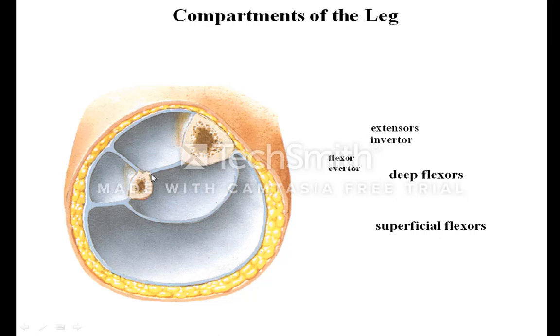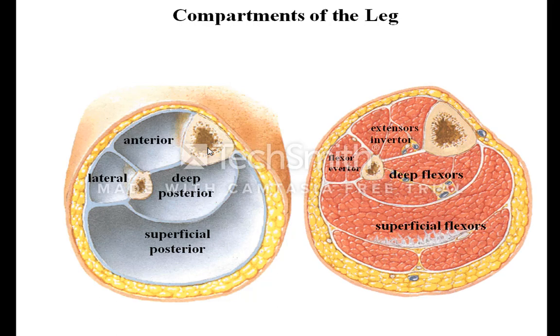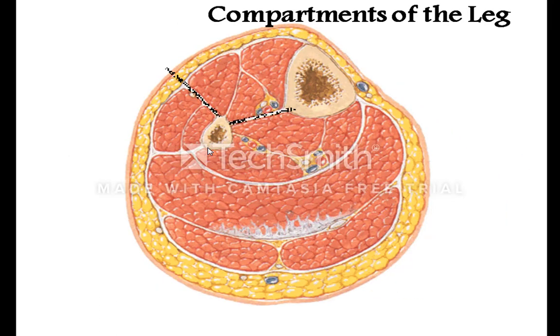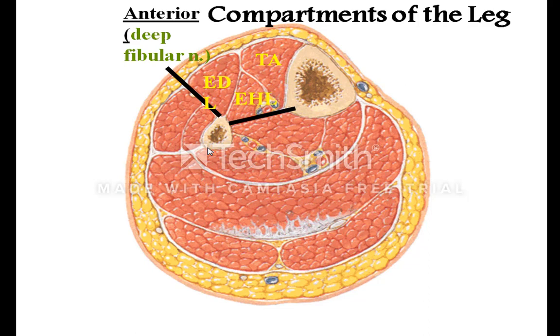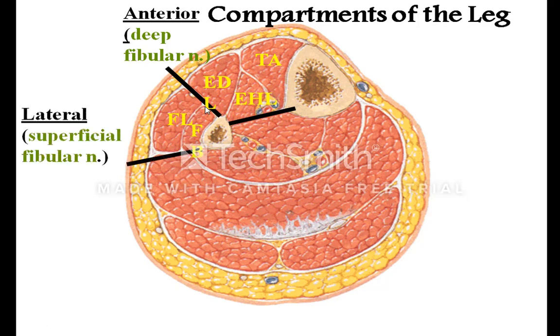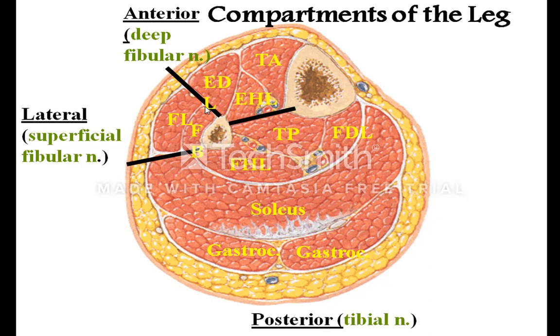Here this is the interosseous membrane, and here the intermuscular septum. This is anterior, this is the lateral, and the remaining are the posterior.